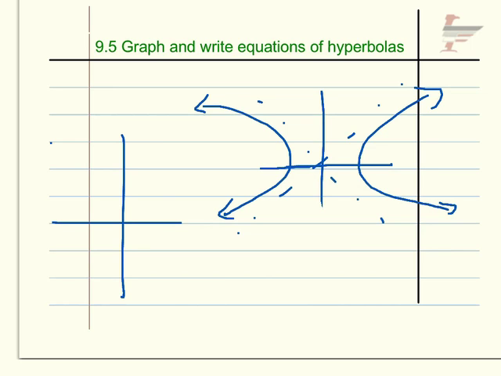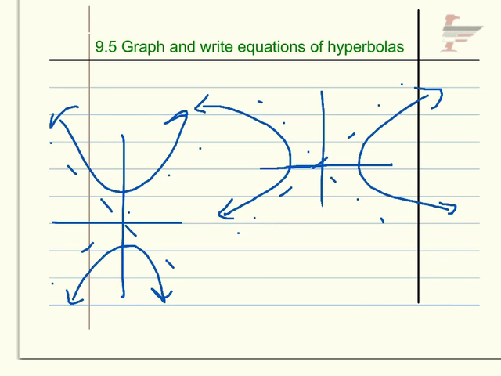You might also have hyperbolas that do this and this, and those are vertical hyperbolas. A couple things to note about hyperbolas is you're going to have those cool asymptotes that the hyperbola branches approach, and we're only going to look, again, geometrically speaking at hyperbolas, so it's going to be the horizontal or the vertical and not the ones that you did in chapter 8.